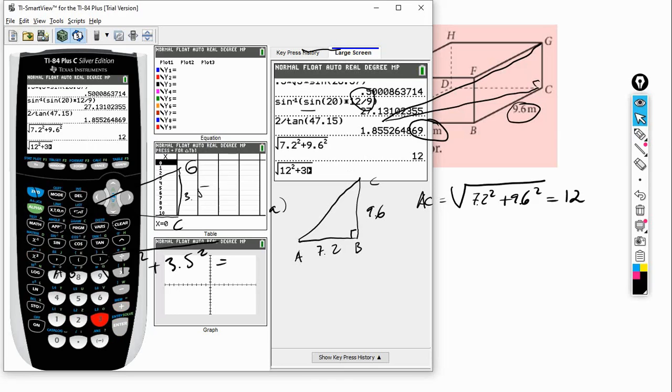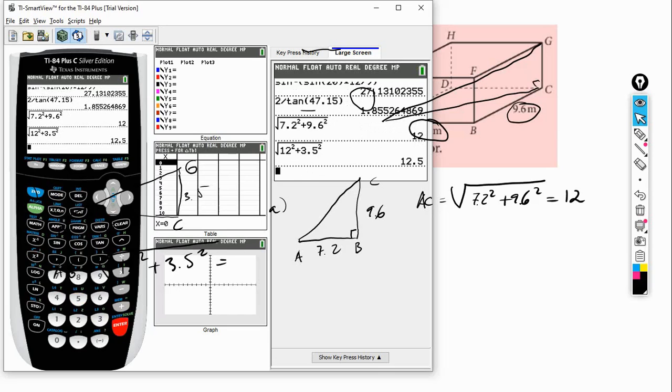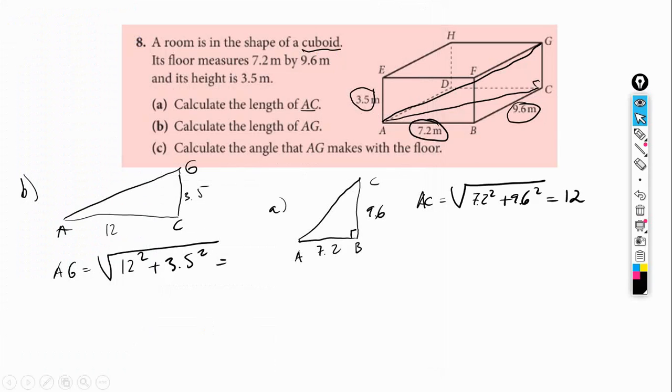So 3.5 squared, and that equals 12.5. So let's write that down. Actually, let's go back to the main screen and write that down. And that is going to be 12.5. So that is the length AG.